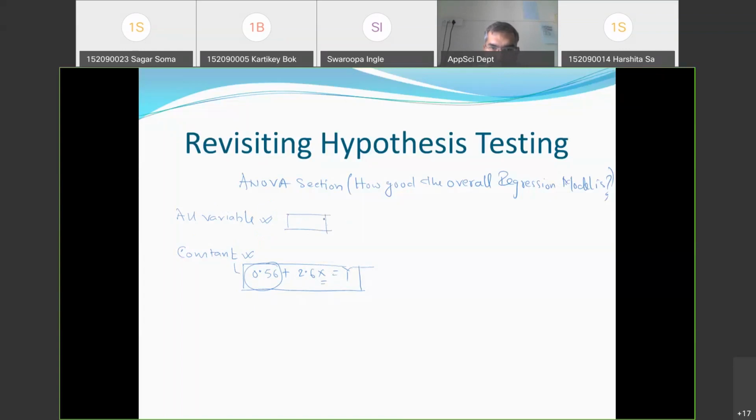Variation means how off it is from the actual value, the actual data points. Similarly, here also, if we take only the constant, how off that will be from the actual value.